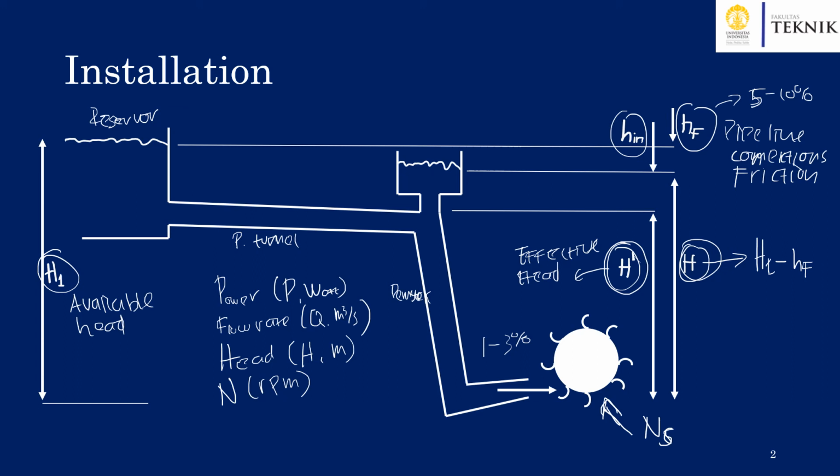The specific speed of the turbine, or Pelton wheel in this case, can be estimated through an equation that is a function of the rotational speed of the turbine multiplied by the power to the power of 0.5, divided by density to the power of 0.5 multiplied by gravity with head to the power of 5/4.